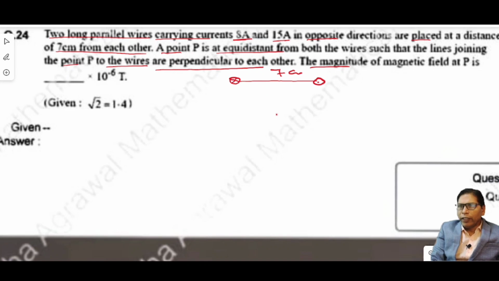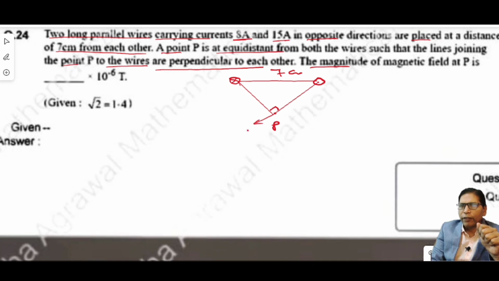Now, look at this. Suppose P is a point. The line joining from this conductor to P and again from this conductor to P makes an angle of 90 degree. Look at this, the magnetic field due to this inward current is directed along this direction.